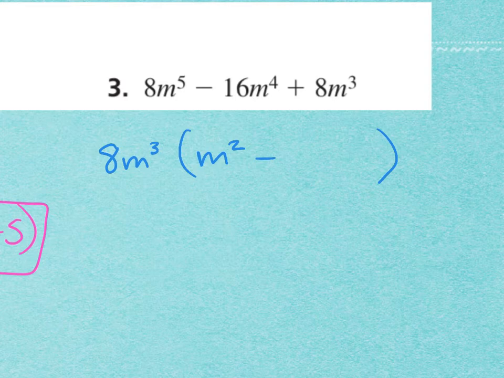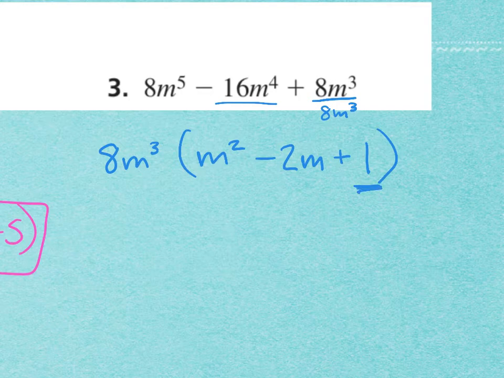M squared. What comes next? Plus 1. So we divided 8m cubed from everything here. So 8m cubed divided by 8m cubed would be 1. We can't forget about that plus 1 there. That makes a difference.